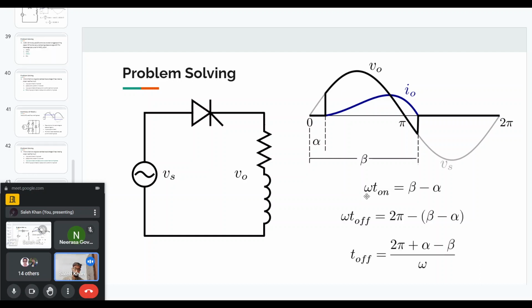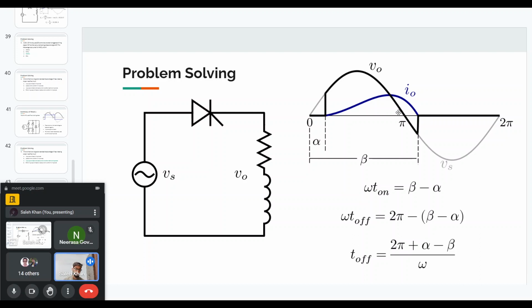So omega t on is beta minus alpha. On this scale the x-axis is omega t, because an actual time scale would be in seconds, but the omega t scale is in radians. So the turn on time is omega t equal to beta minus alpha, the duration when the load current is positive.